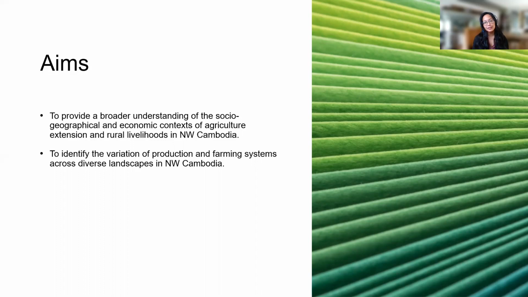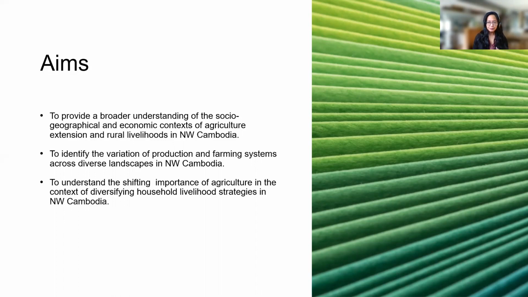We want to identify the variation of production and farming systems across these diverse landscapes in Northwest Cambodia. And we would also like to understand the changing importance of agriculture in the context of diversifying household livelihood strategies in the regions.